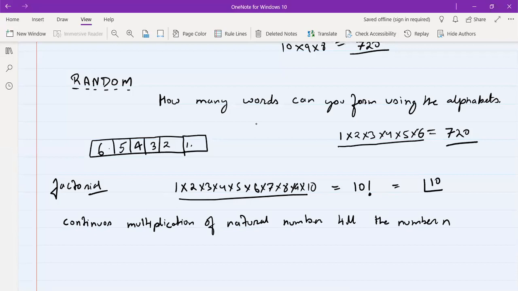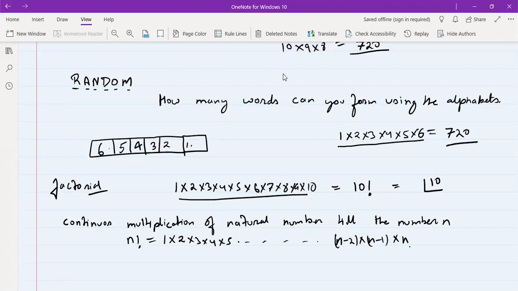It is written with an exclamation sign. So if I'm saying n factorial, what is the meaning of n factorial? N factorial means 1 into, start with 1 always, 2 into 3 into 4 into 5 into ... n minus 2 into n minus 1 into n. This is the meaning of n factorial.